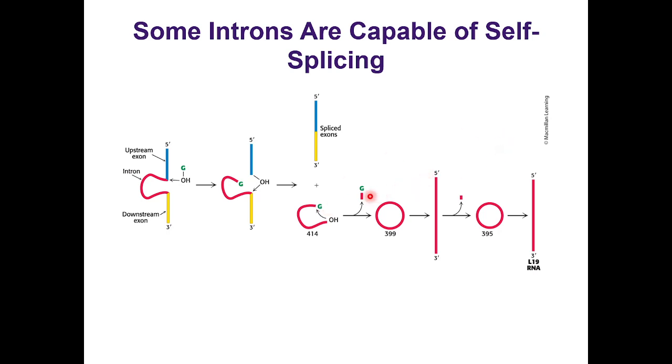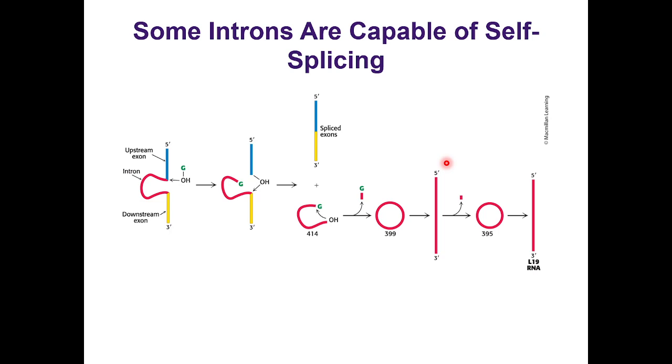Now, note that this tends to cut off a little portion of it, a little lariat, okay? Except that lariat is not very stable, and so it loses a fragment, whereas the circular form is more stable, okay? And so this is kind of interesting because this circular form can actually open and close and open and close. And you can have little fragments that get cut off depending on their stability. Okay?